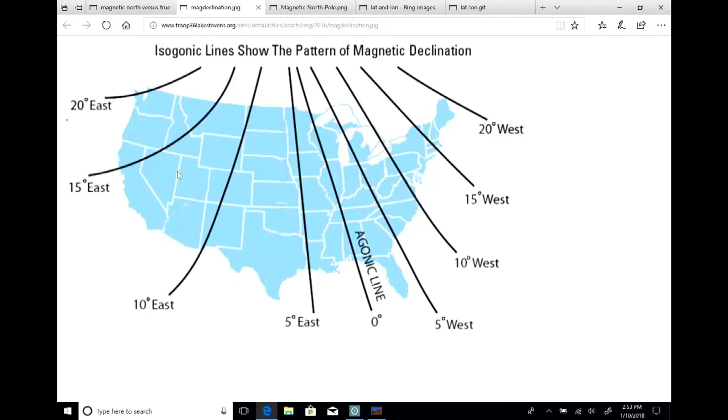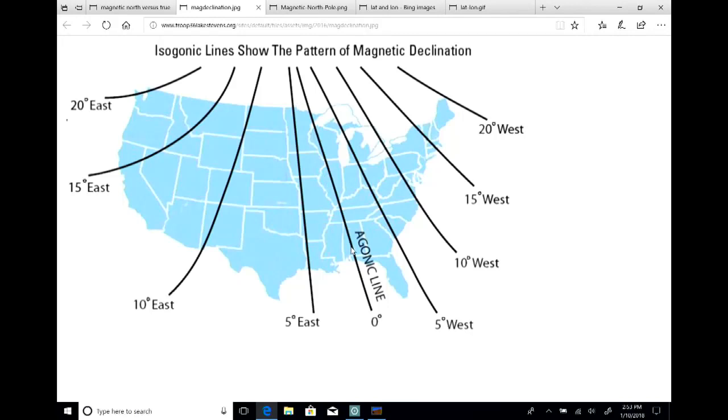Because here's what happens. When you look at these isogonic lines, these give us an idea about what kind of adjustment we have to make on our magnetic course, depending upon where we are on one of these lines of magnetic flux. Only the agonic line, and there's only one of them, is the one that if you follow it, it will take you straight to the North Pole.